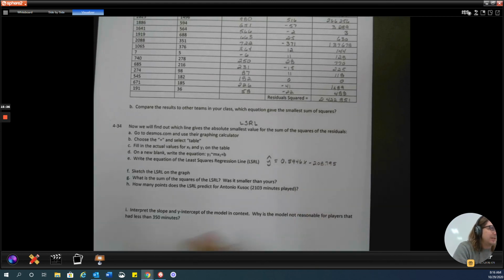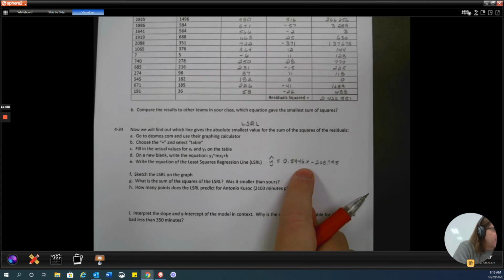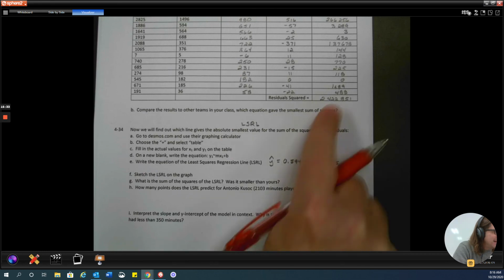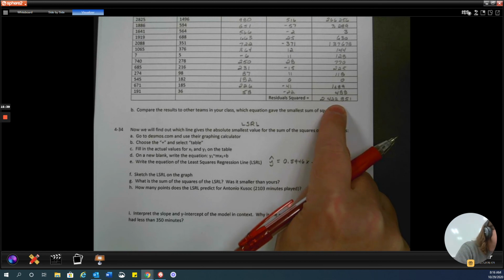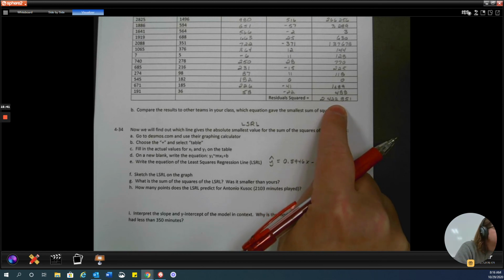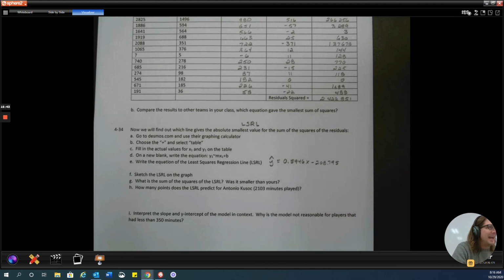And this is what the calculator is telling us is the very best line of fit. This line of fit would minimize our residual squared. So it would definitely have a residual that's less than my 2,422,851. It would have a much smaller residual than that.